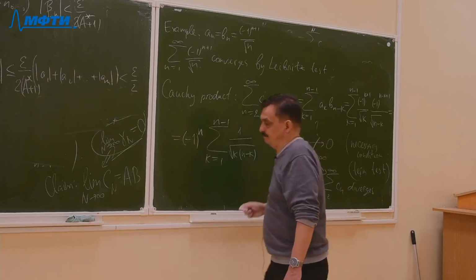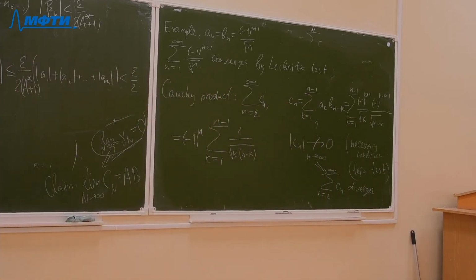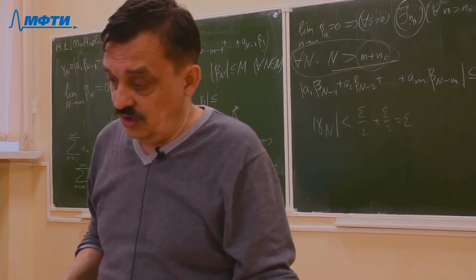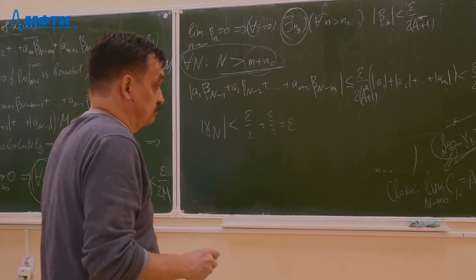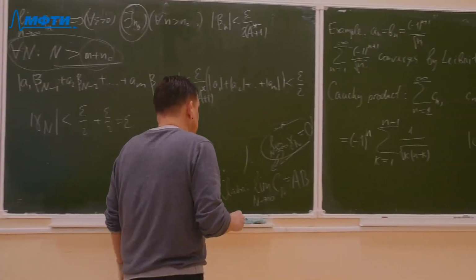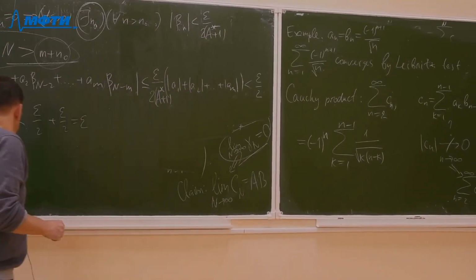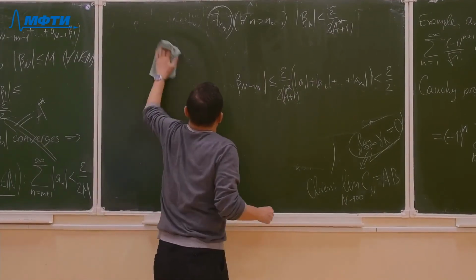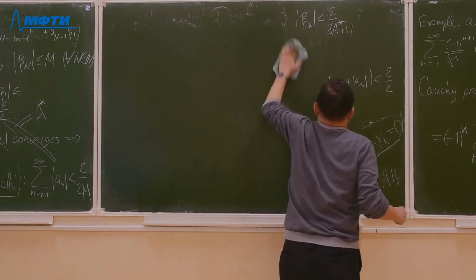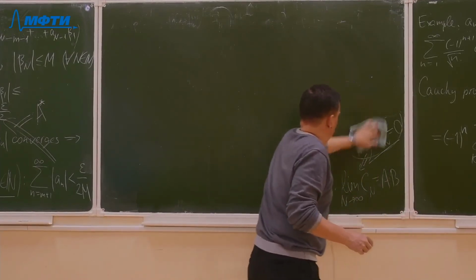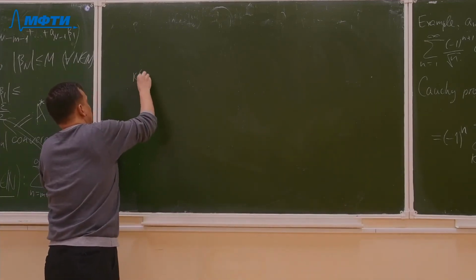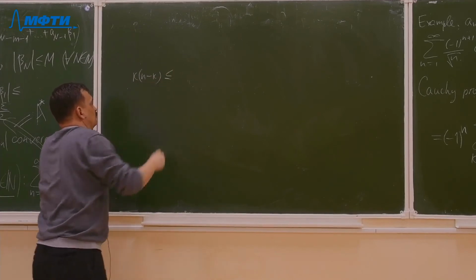So why doesn't C_n tend to 0? I want to estimate modulo C_n from below, and for that reason, I need to estimate k times n minus k from above.